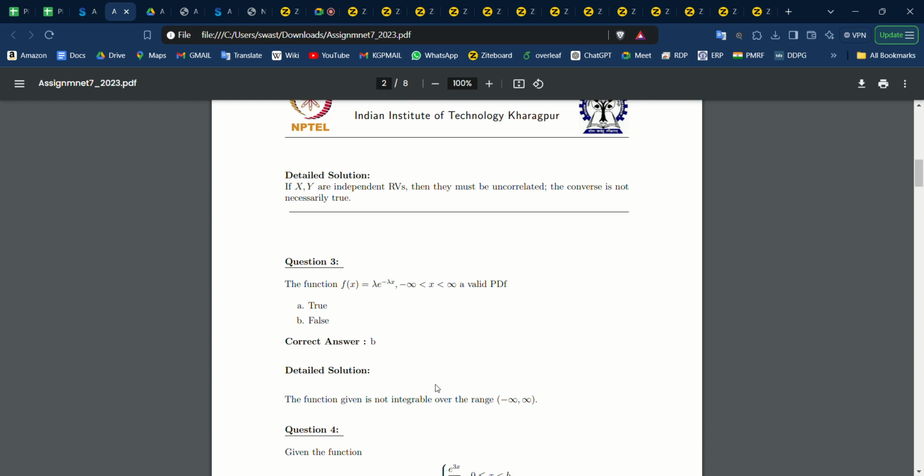So what is the first property of a PDF? It should integrate to 1 within its domain. The integration of a probability density function over its entire domain is equal to 1. That is, the sum of all probabilities possible should equal 1. Thus the PDF given here should integrate to 1, or else it is not a valid PDF.